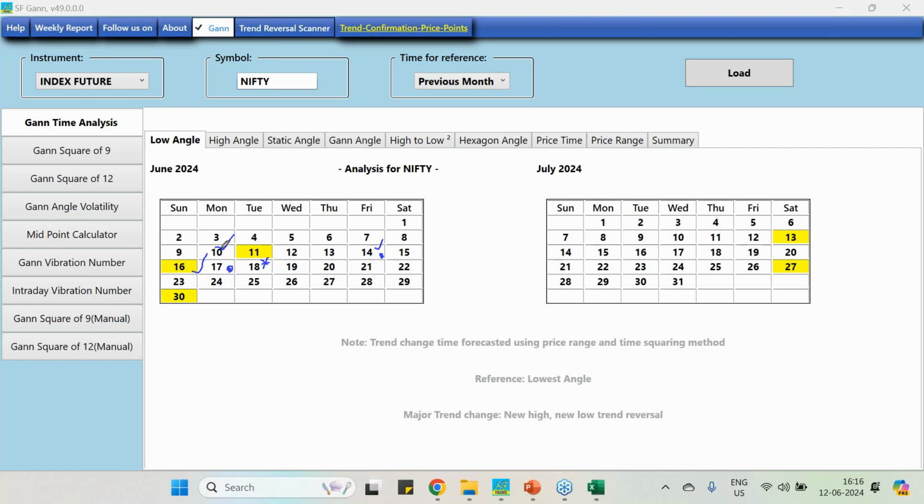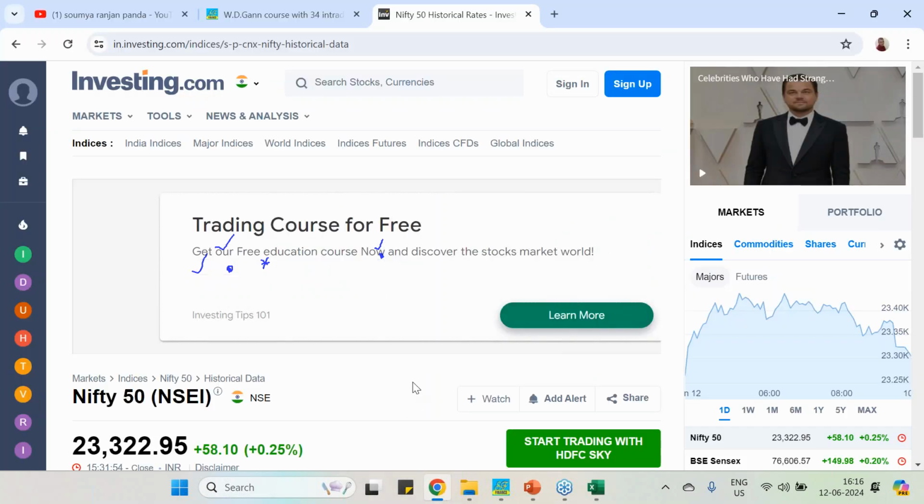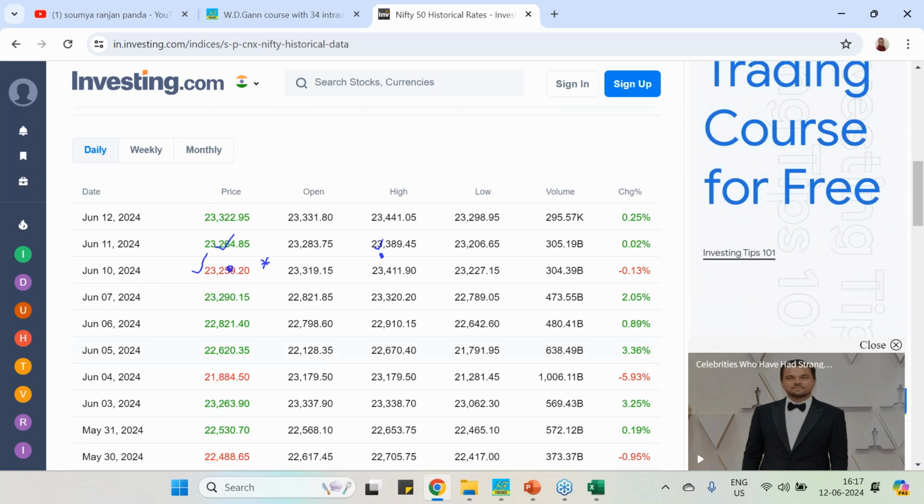If it is a negative closing, then you can expect a positive opening and positive closing. So the opposite of the price action will happen on the trend change date. Whatever the price action one day before the trend change date, the opposite is going to happen. This is what the trend change date says.